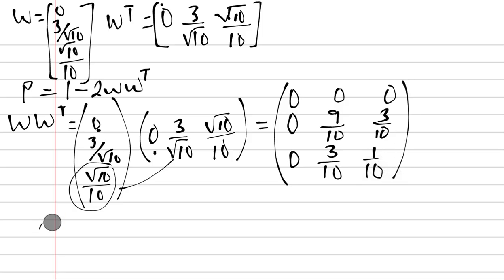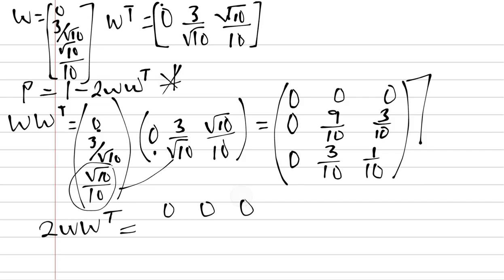So that means 2 w w transpose. Don't forget that you still want to do p. This is our goal. Are you getting what I'm saying? I'm just doing them small. Sure you get the idea now? So 2 multiplied by each value here will give us 0, 0, 0, 0. 2 times 9 over 10 will be 9 over 5.